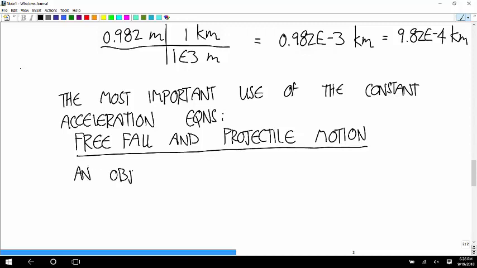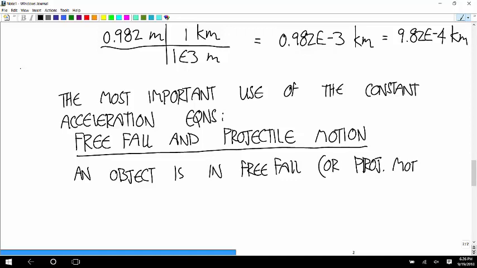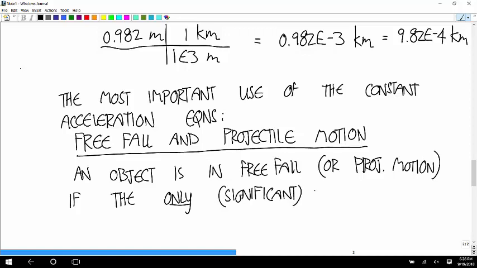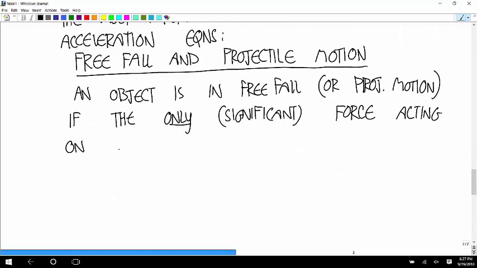So an object is in free fall or projectile motion if the only, and let's say significant, if the only significant force acting on it is gravity.